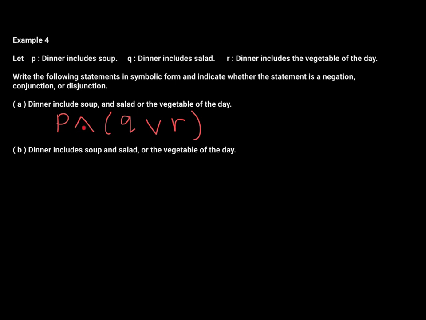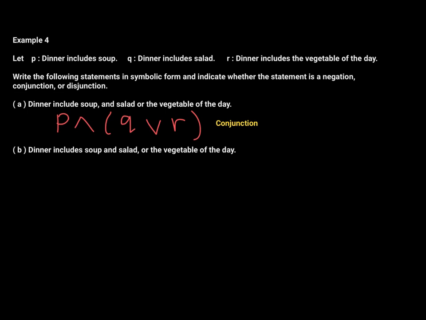I'll say that again. Because this symbol here is outside of the parentheses, that means we will consider that operation, or that conjunction, last. Therefore, this entire statement is a conjunction. I'm going to go ahead and document that for us. So this statement here is a conjunction. All right.